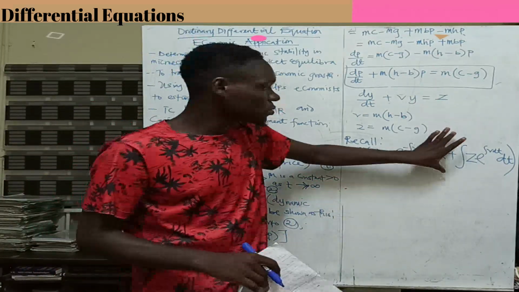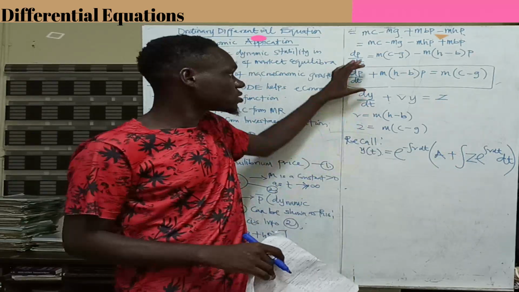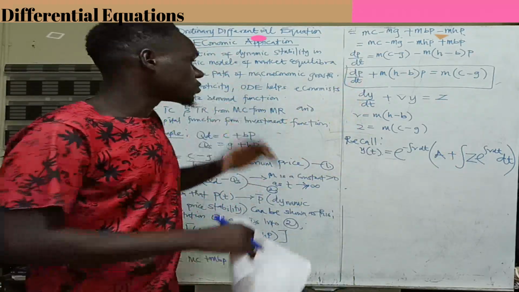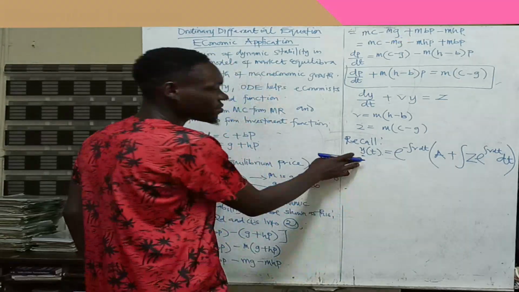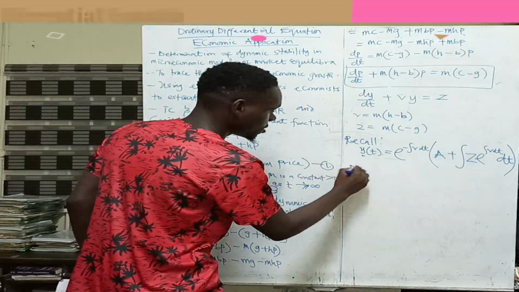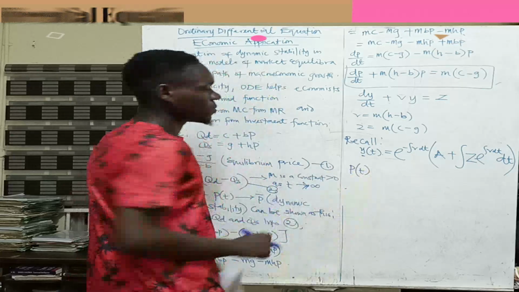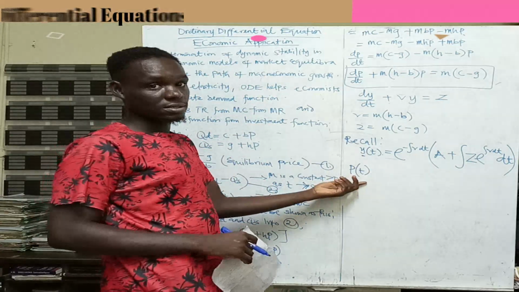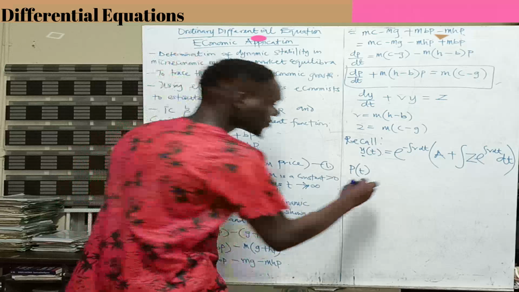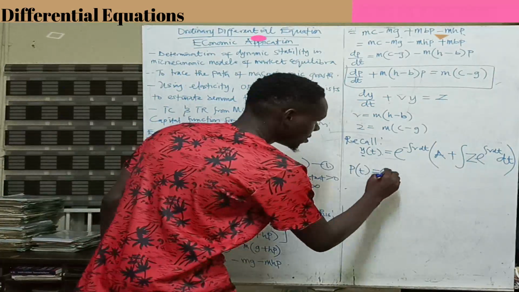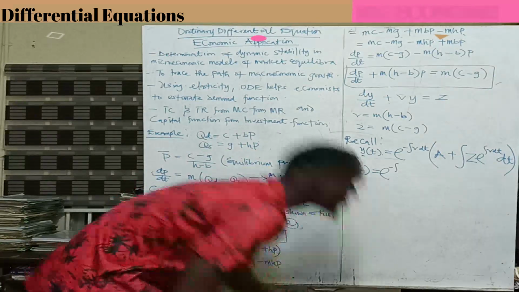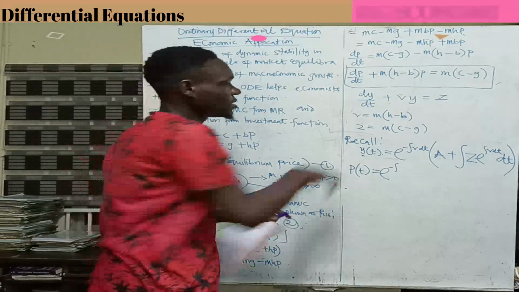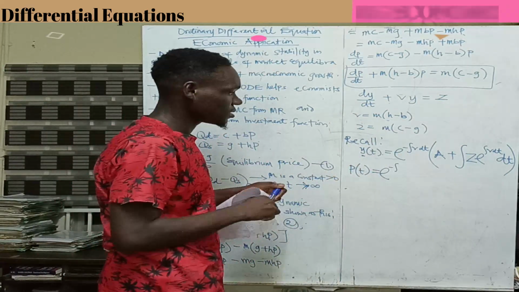Now we are going to rewrite this formula to suit our variables here. So what we are basically going to do here is, instead of having y to be P, because that's our variable of interest, in this case the price, then here our v is this in this case.